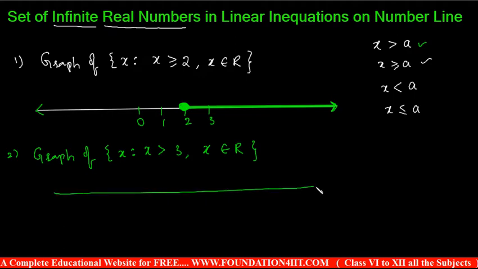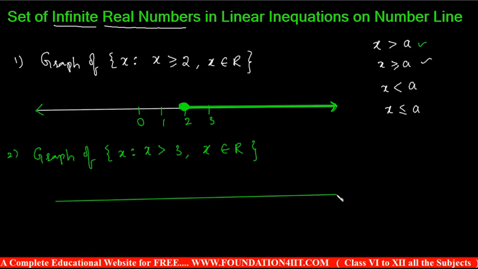In that case, let us see how to make it. Let us take 0, 1, 2, 3, 4, 5, and so on, and -1 here also. So here x is greater than 3, so 3 is not included.